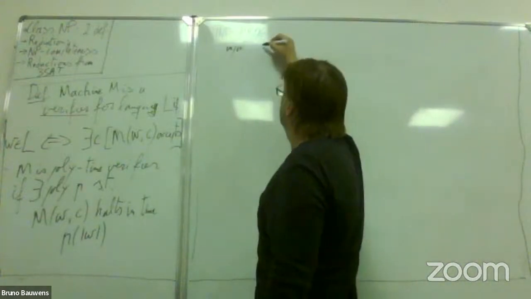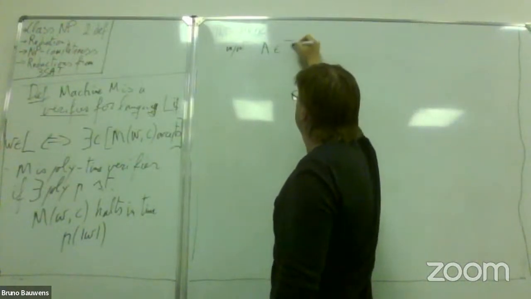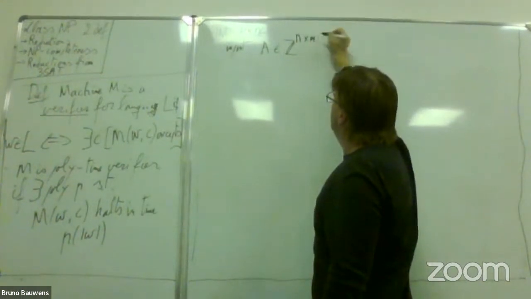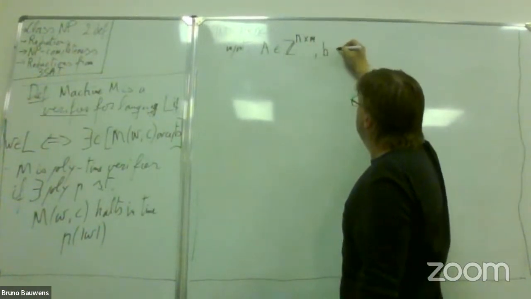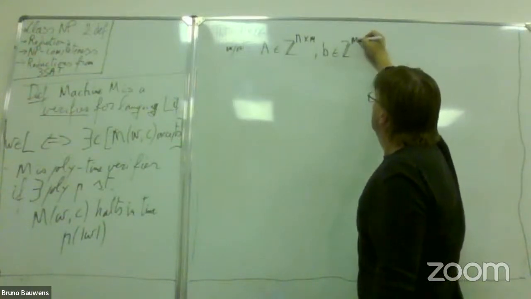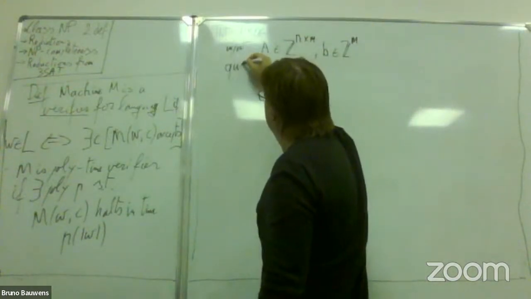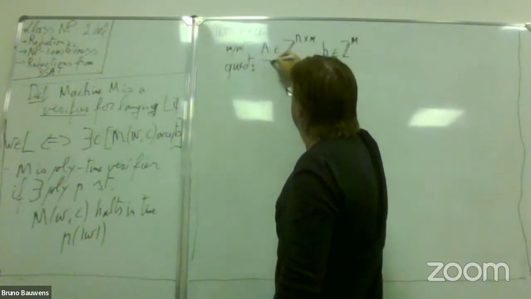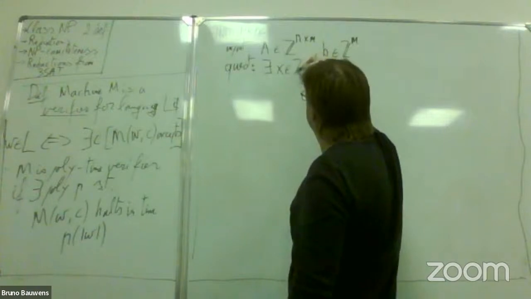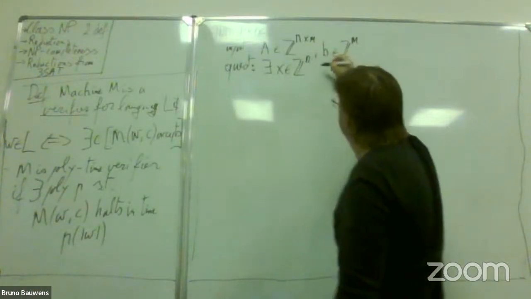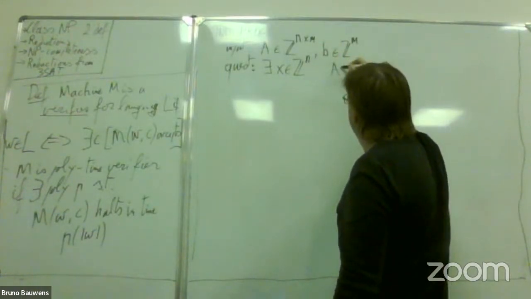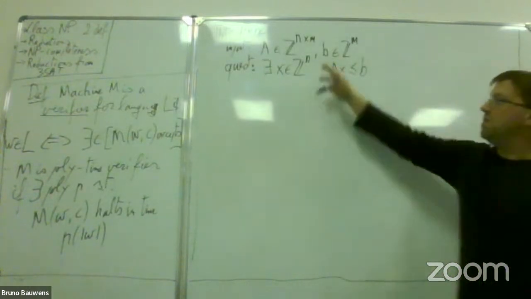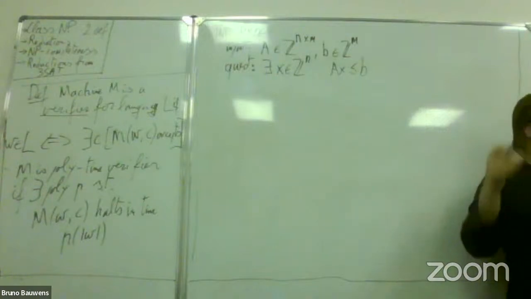So the input is a matrix A with integer coefficients, n times m, and then a vector b, and the question: does there exist x in Z^m such that Ax is at most b? And so everything has to be integer.